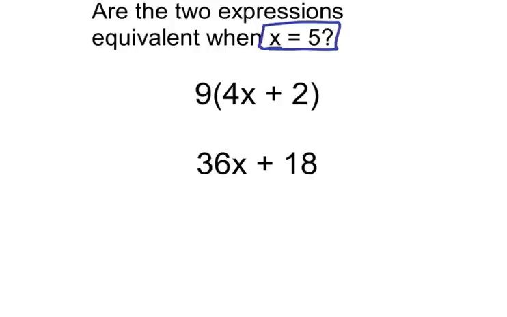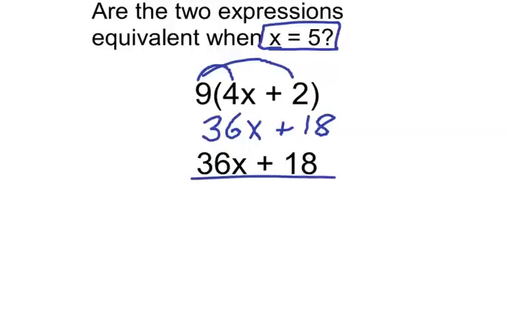Okay, so let's find out. 9 times 4 is 36, so this is actually 36x plus 9 times 2, which is 18. Well, look at that. It's exactly the same as that. So 36x plus 18 is the exact same expression as 9 times the quantity 4x plus 2.